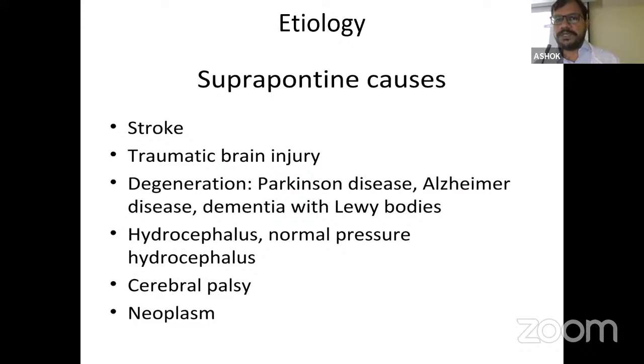Etiology. Suprapontine causes: stroke, traumatic brain injury, degeneration, Parkinson disease, Alzheimer disease, dementia with Lewy bodies, hydrocephalus, normal pressure hydrocephalus, cerebral palsy, neoplasm.